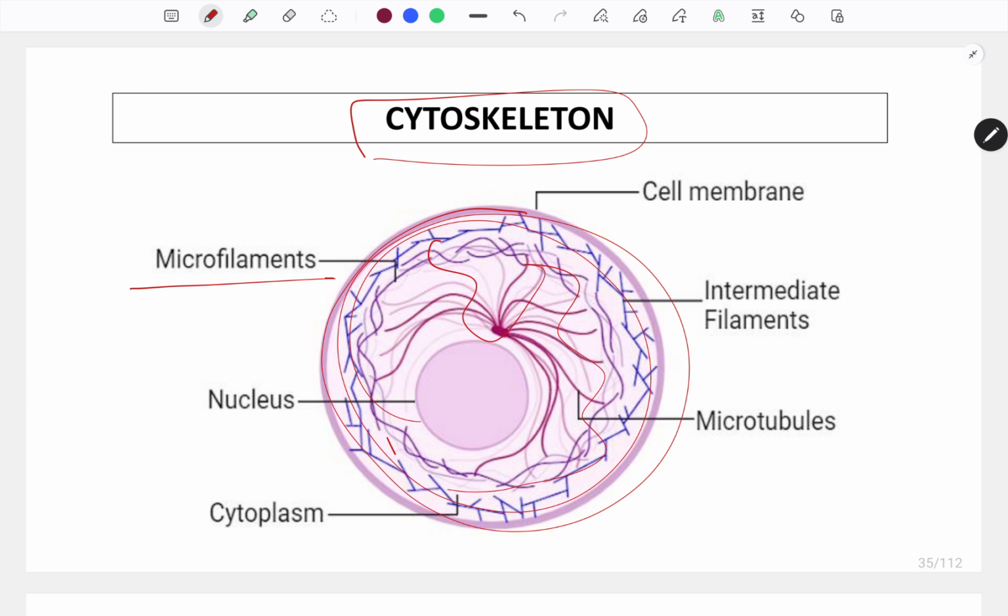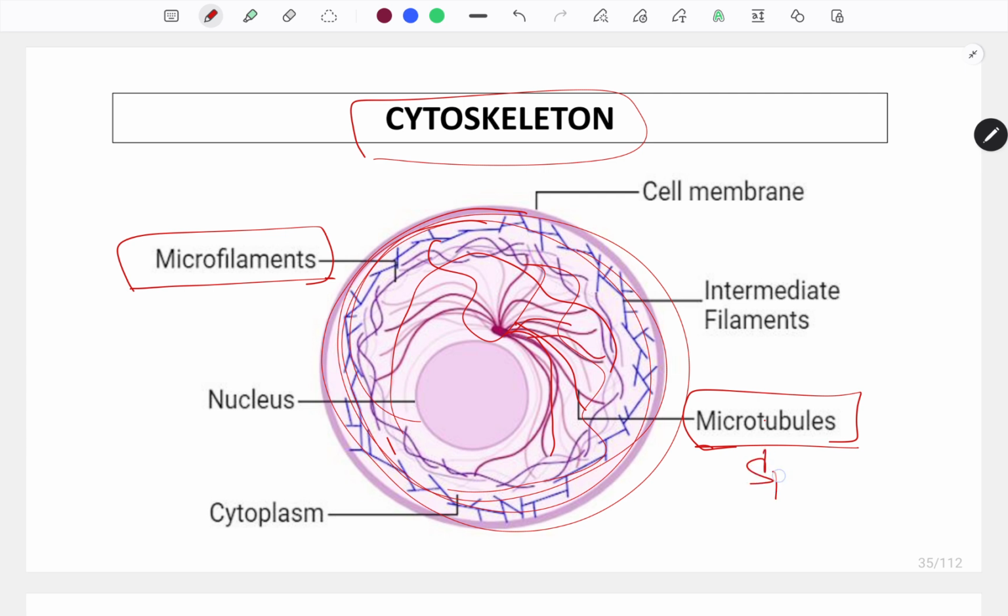For example, microfilaments are involved in maintaining the shape. Microtubules are involved in transportation. See this purple line, this is a microtubule. And spindle fibers, remember, are microtubules too, for spindle fiber formation and transportation.